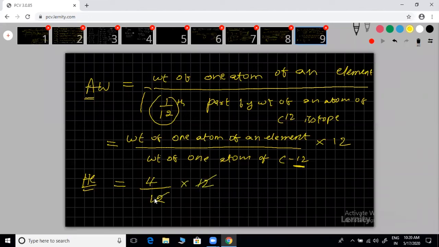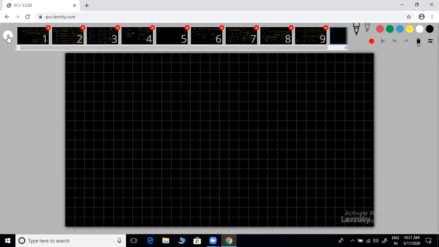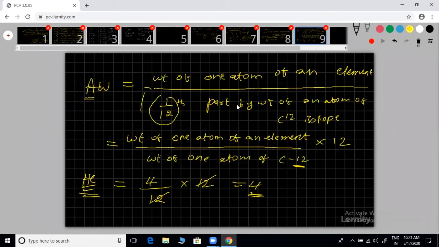So the 12 will be cancelled, and we get 4. Helium atom is 4, which we learned already, and which we wrote in the table on the second and third slides. All these are relative atomic masses.